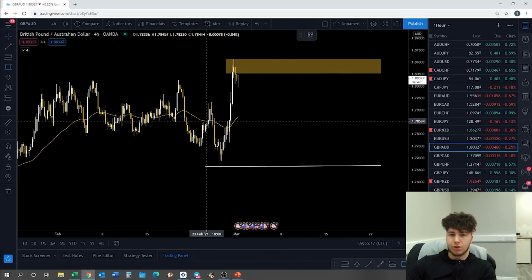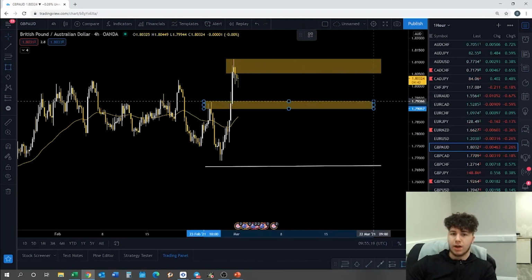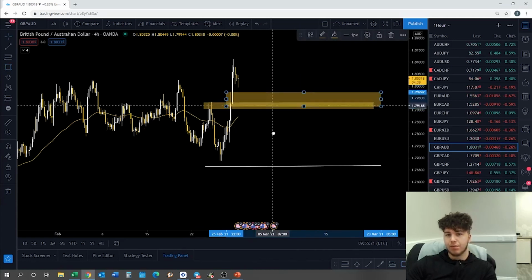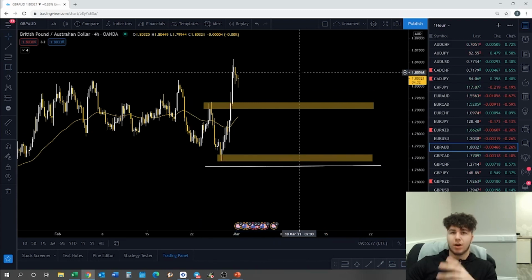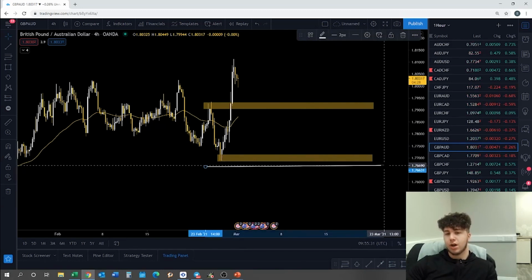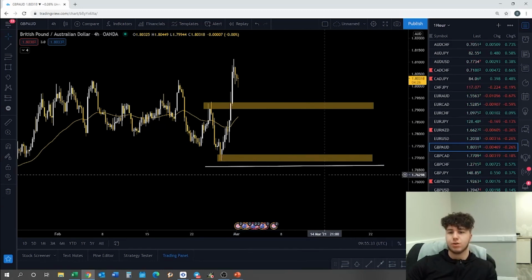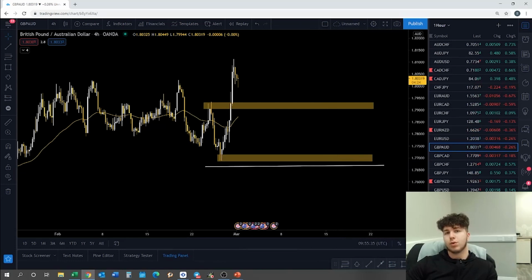Ideally, if I'm trading this structure, I'm looking to trade a retest of this level, or even a deep pullback down to this level. And it's as simple as that, guys. So I hope this example here has helped you, just using the market structure and the psychological levels to get into a trade.